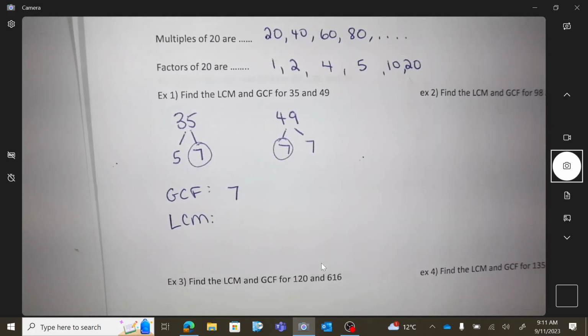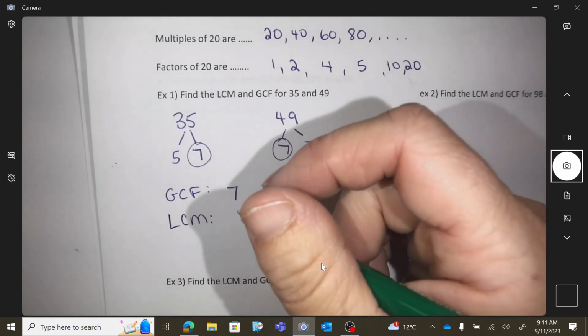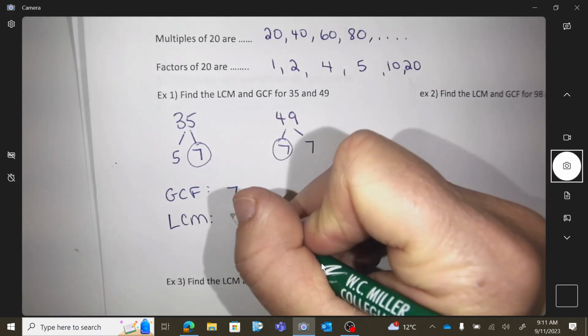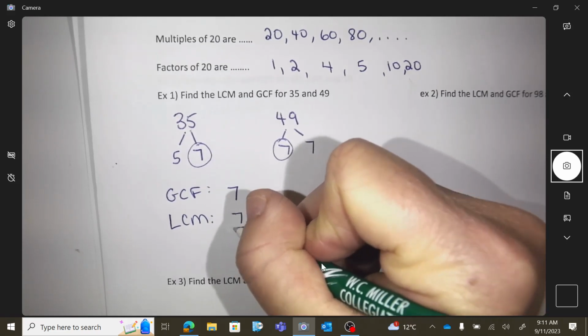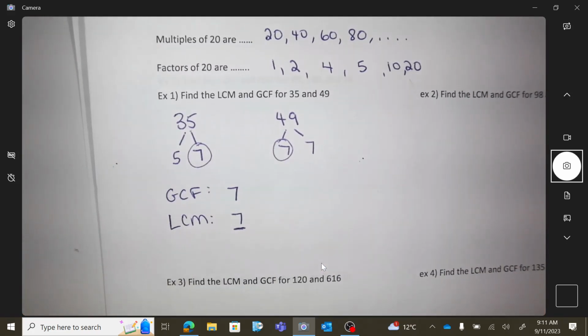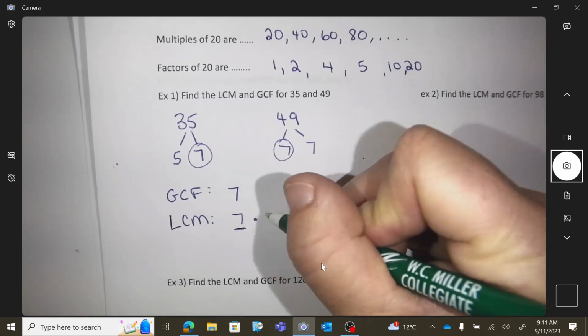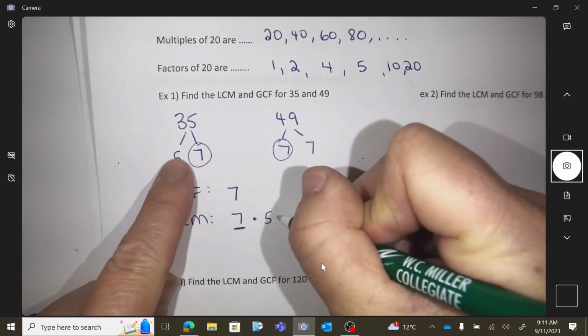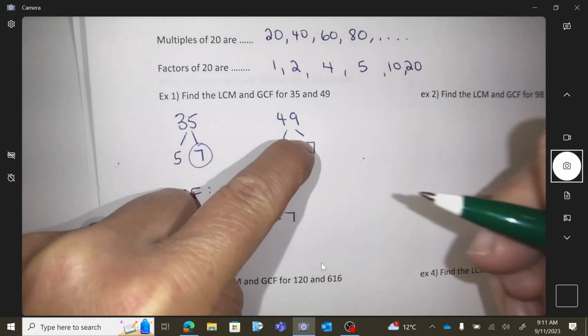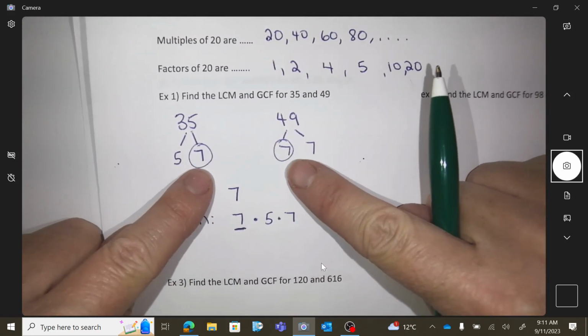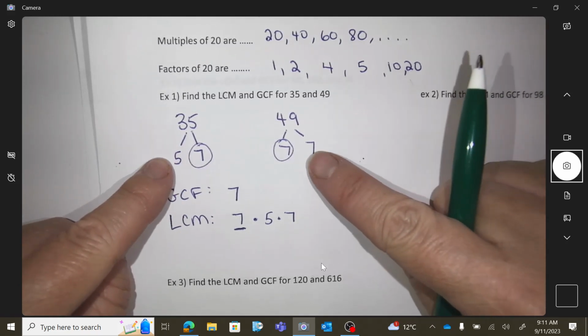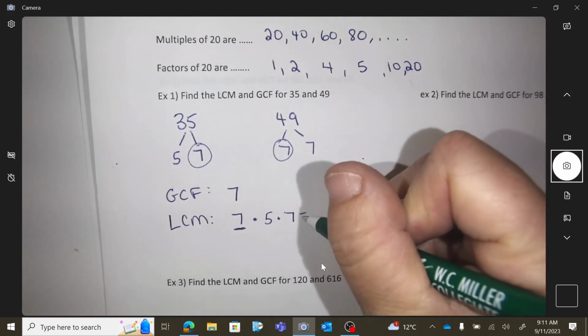So what is the lowest common multiple or least common multiple? I'm going to take this 7 that overlapped, and then I'm going to times it by the extra 5 here and the extra 7 there. So the 7 that overlapped, and then the leftover 5, the leftover 7.